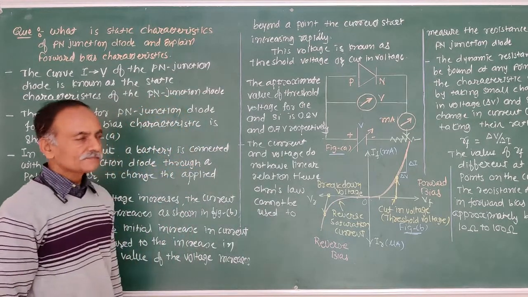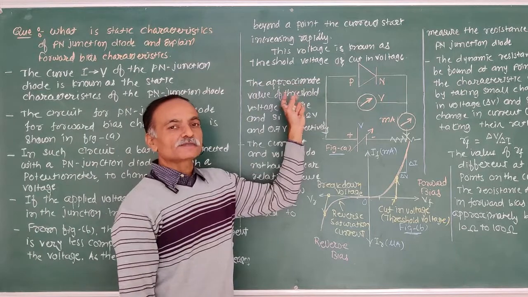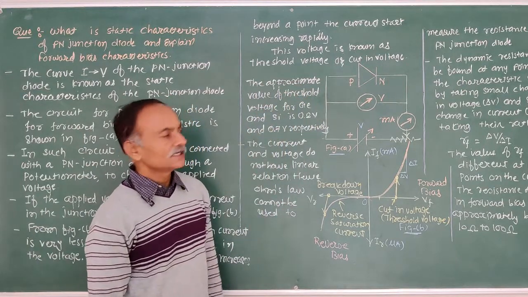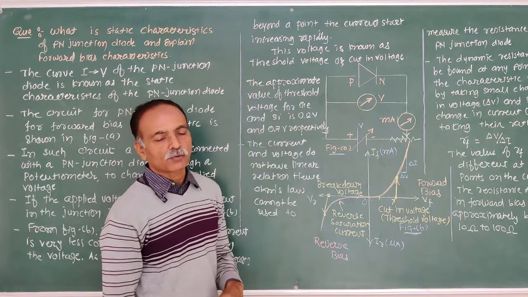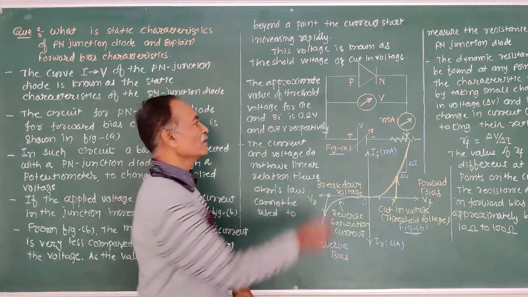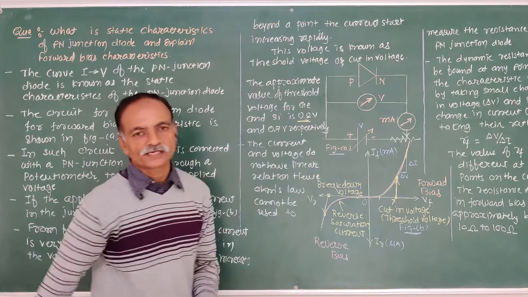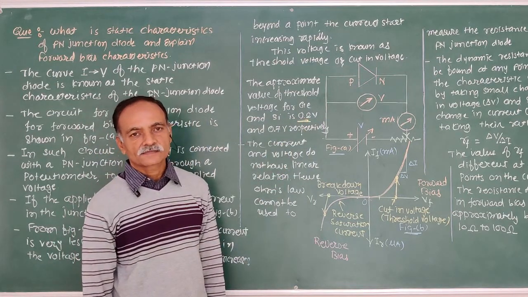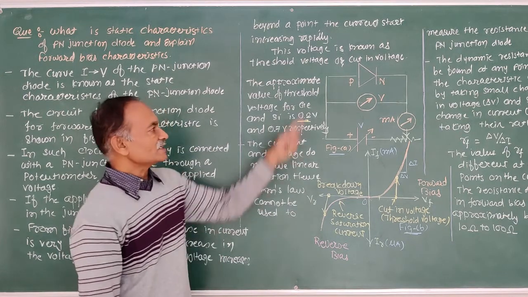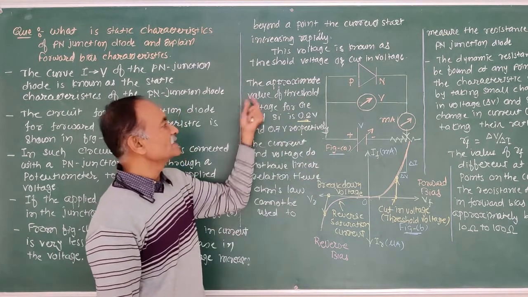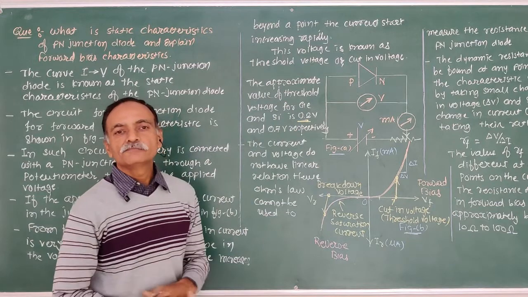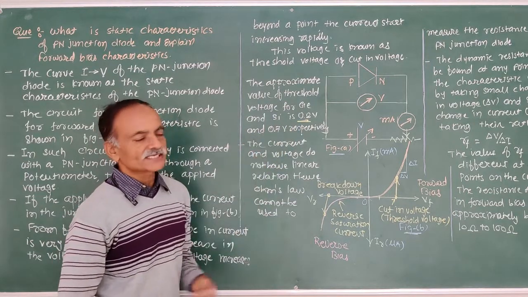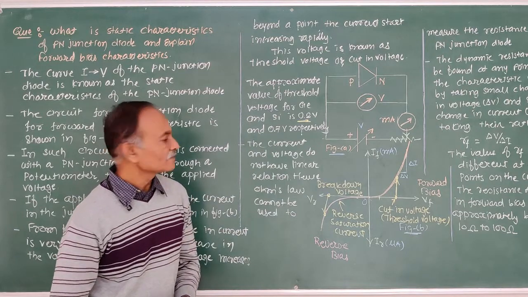Right? Now, the approximate value of the threshold voltage for germanium and silicon is 0.2 volt and 0.7 volt respectively. In some books that is given as 0.3 volt, but in our NCERT book it is given as 0.2 volt. Right? The approximate value of the threshold voltage for germanium and silicon PN junction diode is 0.2 volt and 0.7 volt respectively.